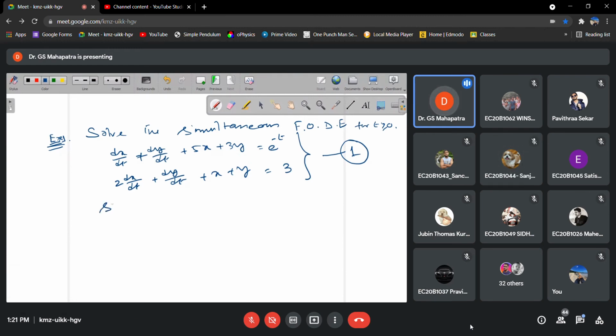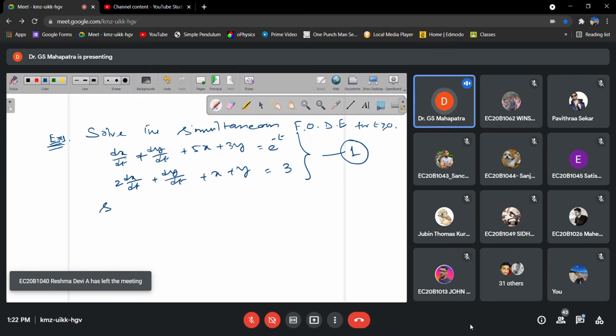Now if the d2x/dt2 term is included, and d2y/dt2, both are included, then 2 for y, 2 for x. So 4 conditions are required, correct?